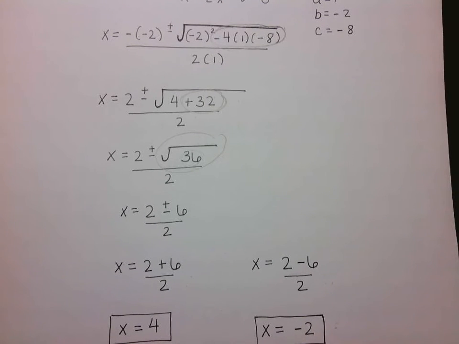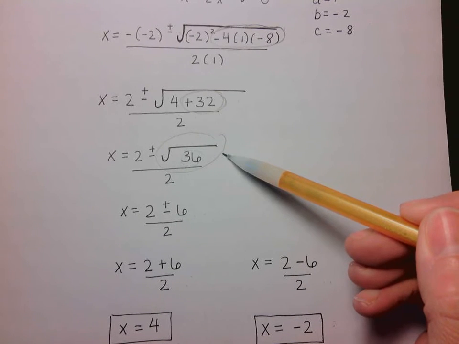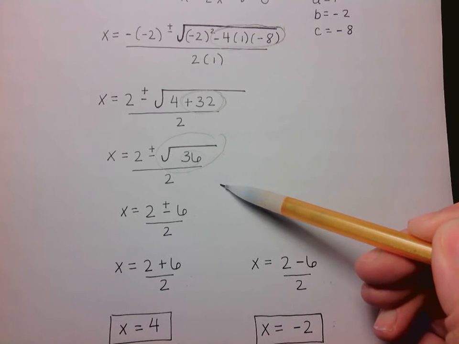And that's actually why we did chapter 10 before we did chapter 9. If you end up at this place right here, and this is not a perfect square, you have to go through the process of simplifying the radical and then reducing the entire fraction.